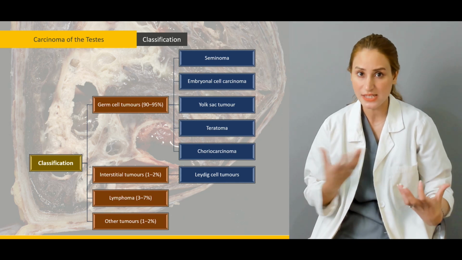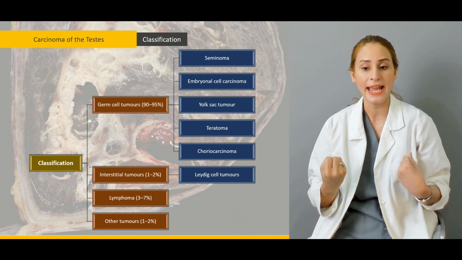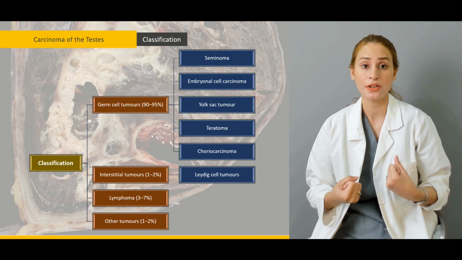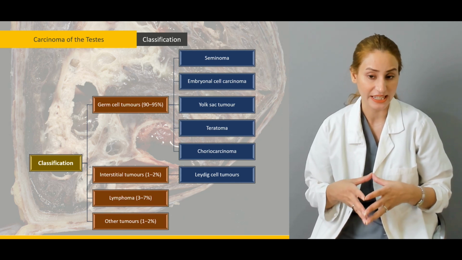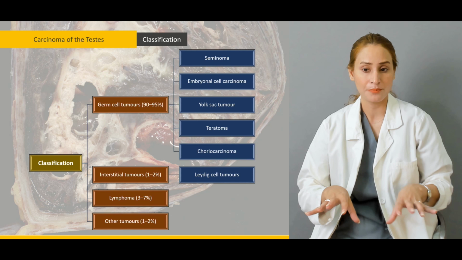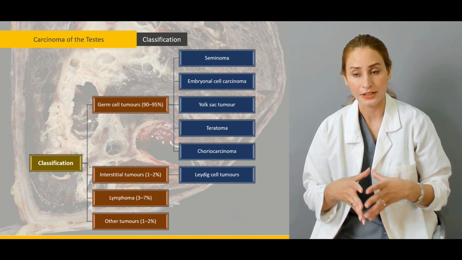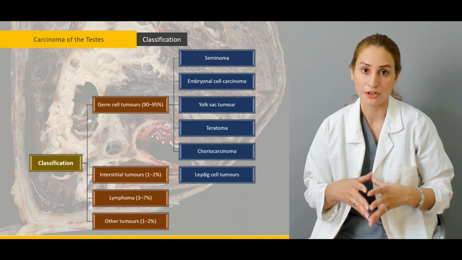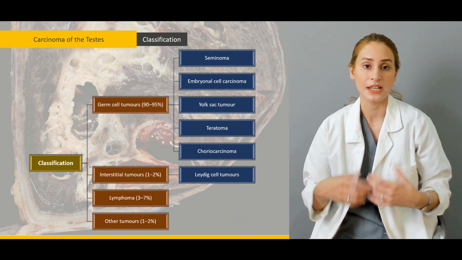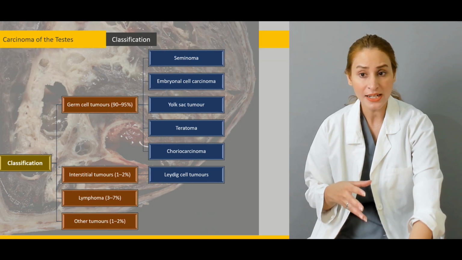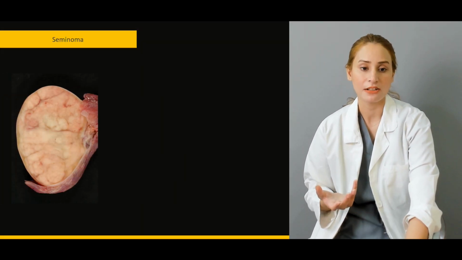The tumor marker for the choriocarcinoma is beta HCG. So the important things for the germ cell tumors are, first, their origin, and second, the tumor markers which they secrete, right? So this was about the classification.